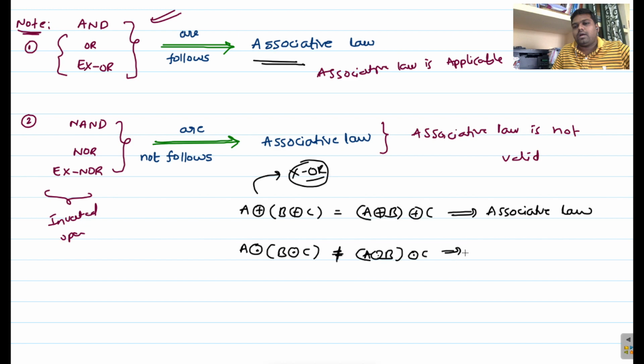So these are the two important points. From this we can solve one problem, and then you will get clarity about this associative law, right?